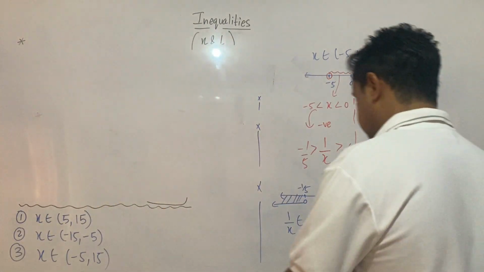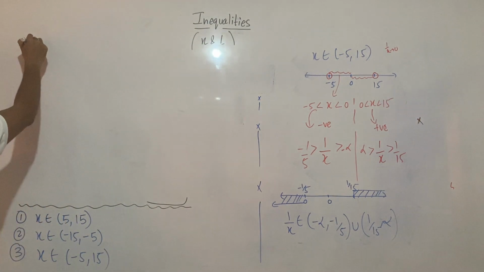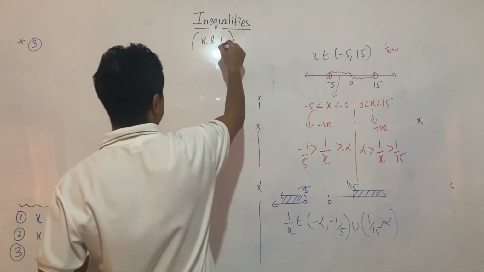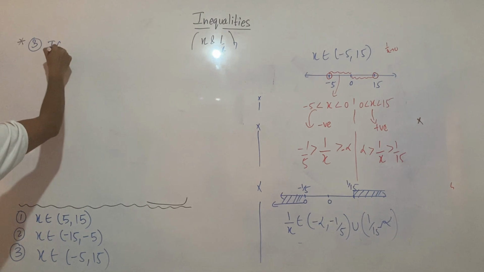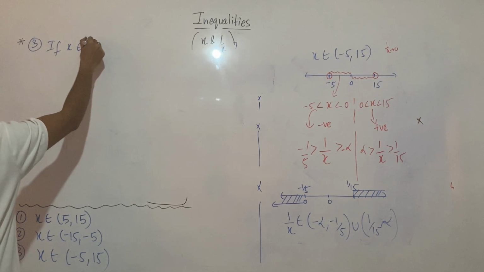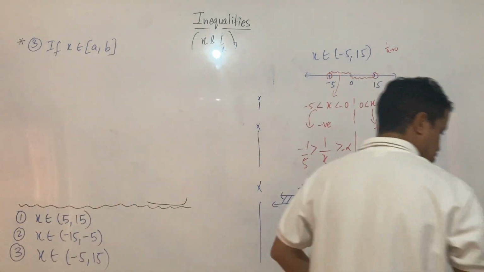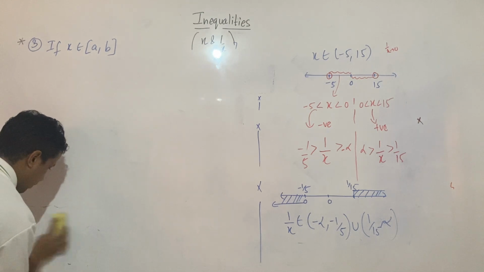The case says that it's going to be number 3. If your x belongs to the closed interval a b, then what would happen?